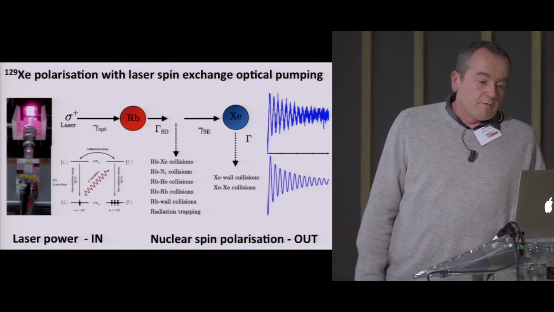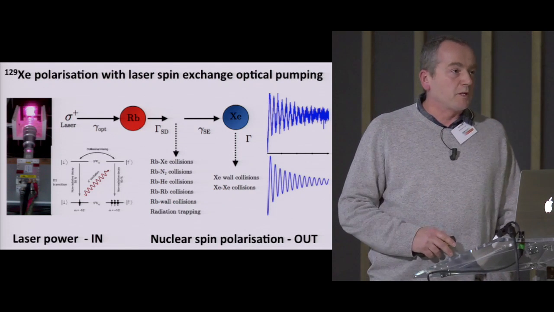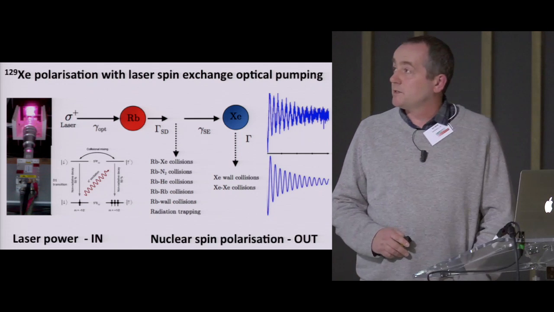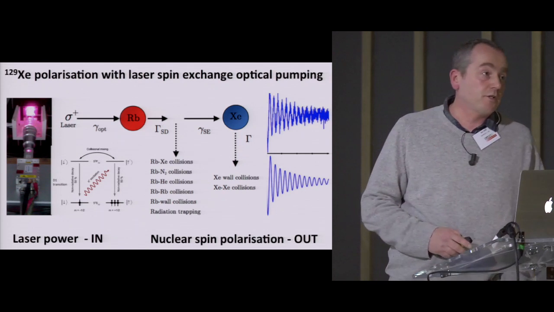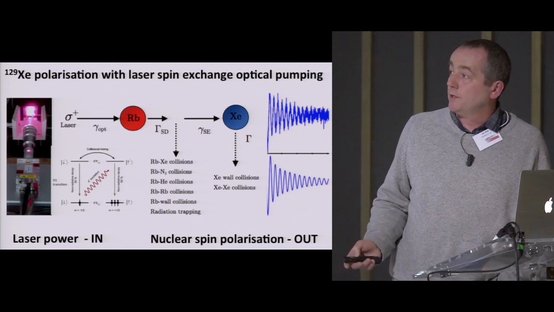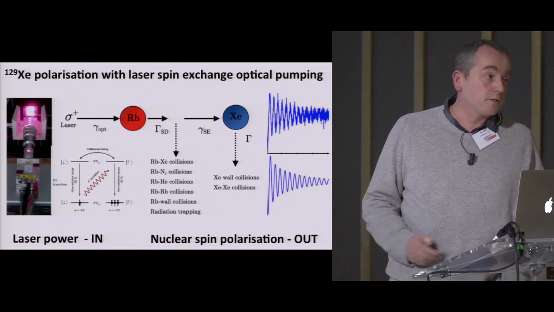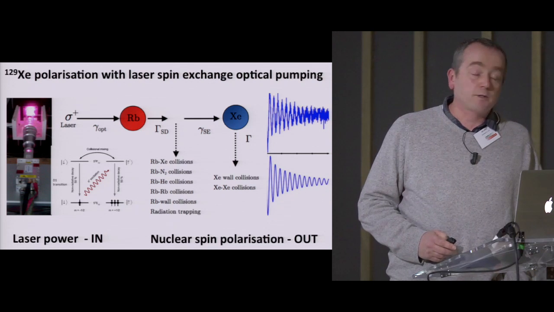So, optical pumping of xenon. It would be wrong of me not to mention how we optically pump, given the place I'm in today. So we use spin exchange optical pumping of the rubidium valence electron. So we pump on this D1 transition, which leaves us with a hyperpolarized rubidium atom.